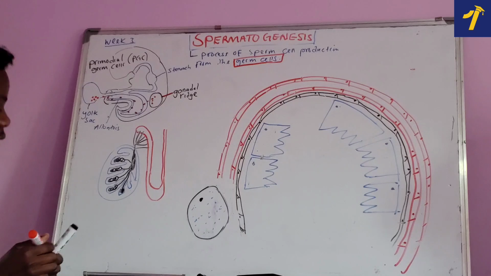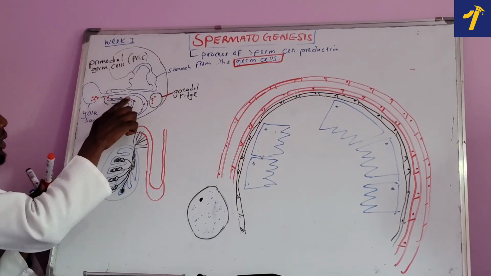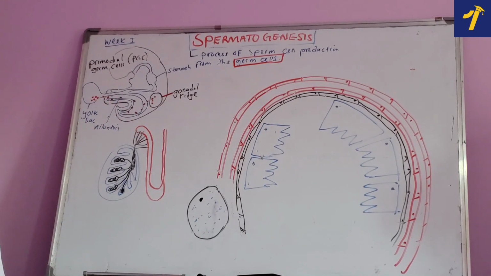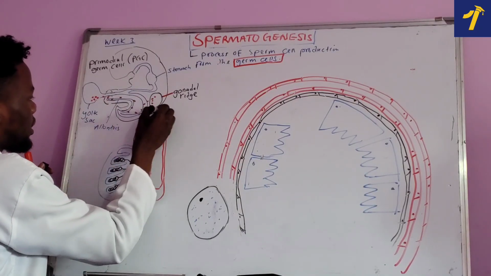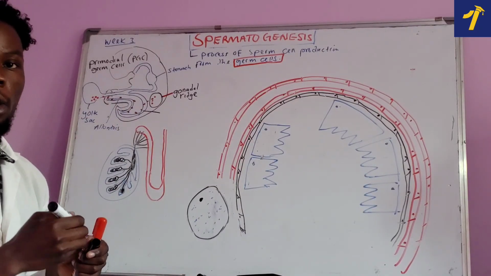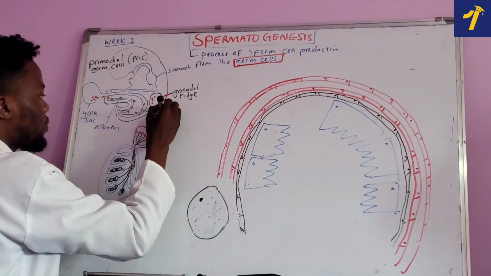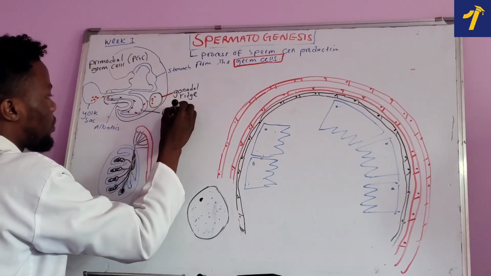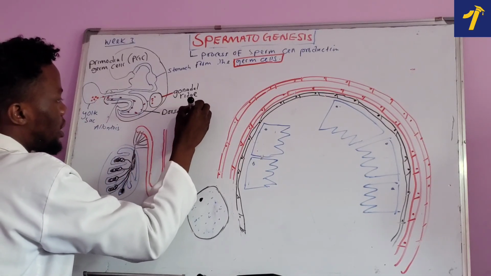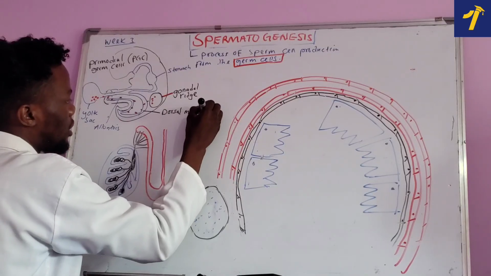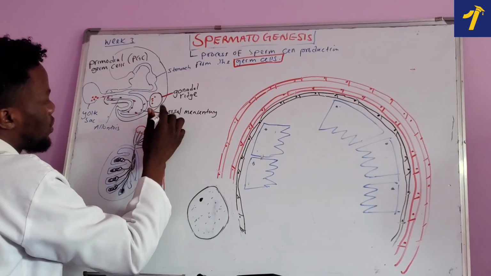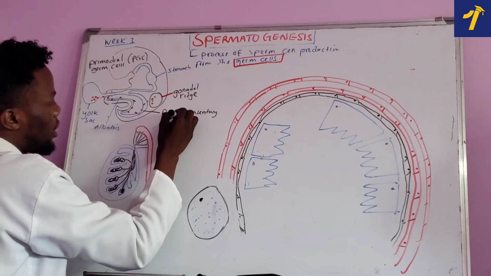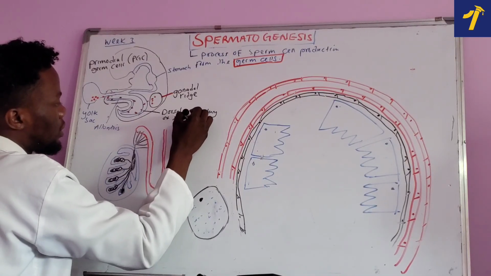The path they take is what we call, I need to write this one, the dorsal mesentery of the hindgut.